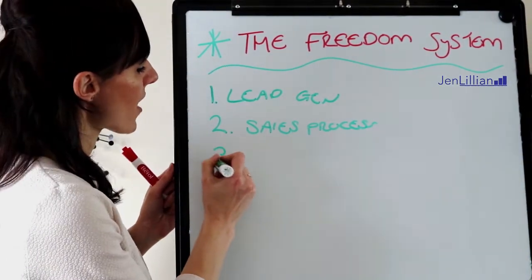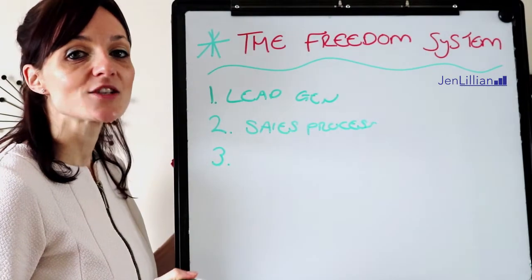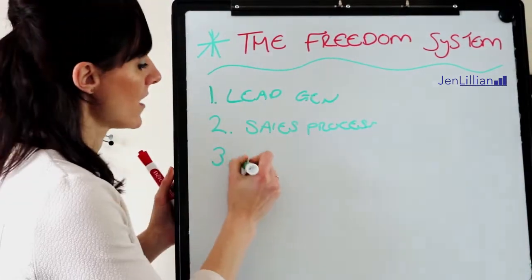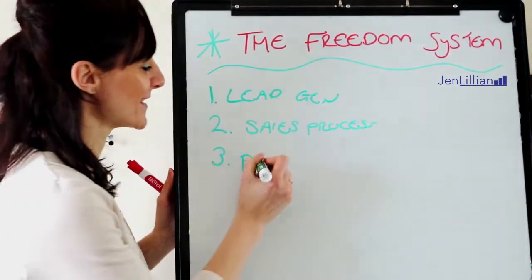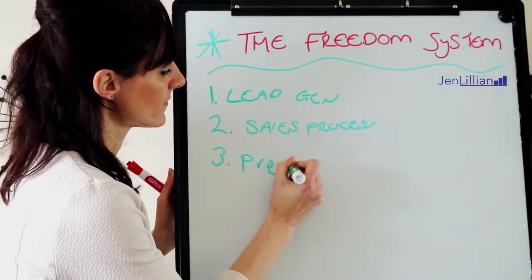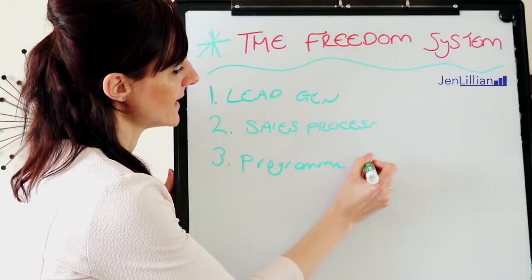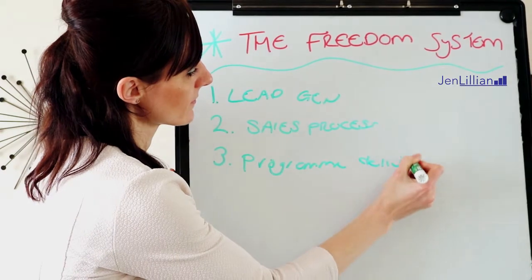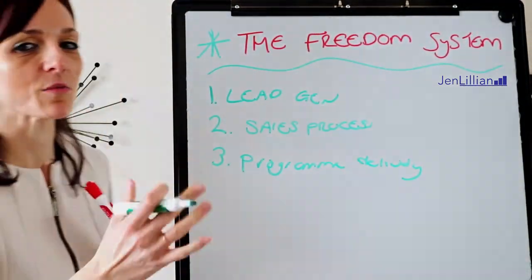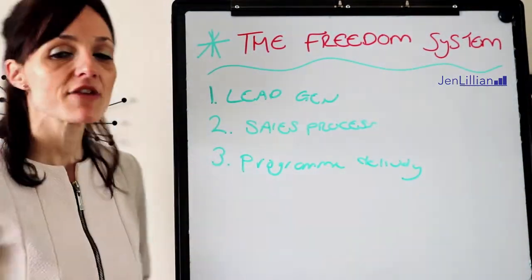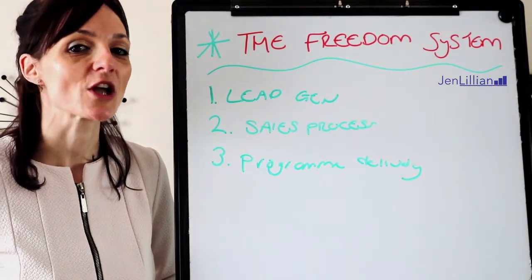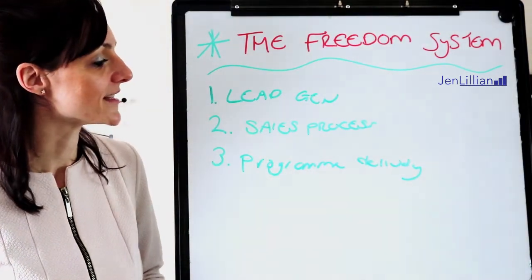And then the third part of the Freedom System is your program delivery. So I would suggest that you make notes. So program delivery. Excuse my writing, the board keeps moving. These are the three main steps, the three chunks that we're going to be discussing in this video today.